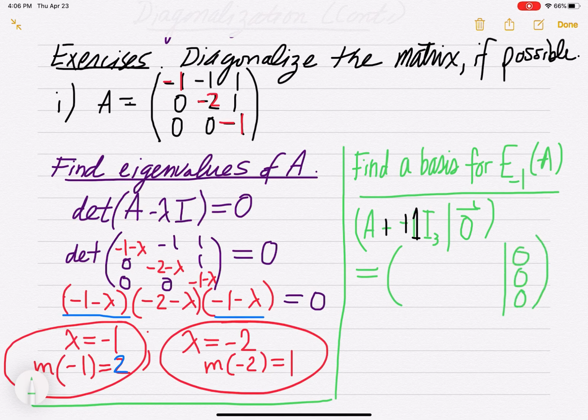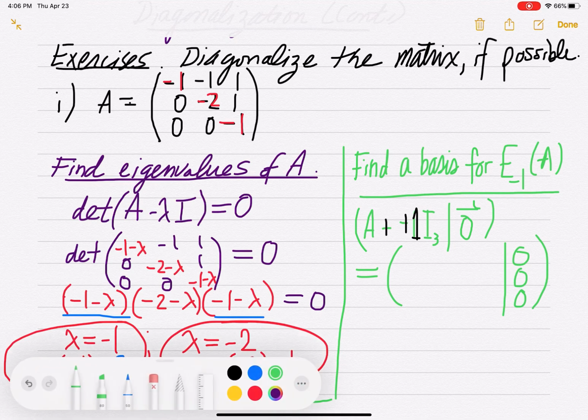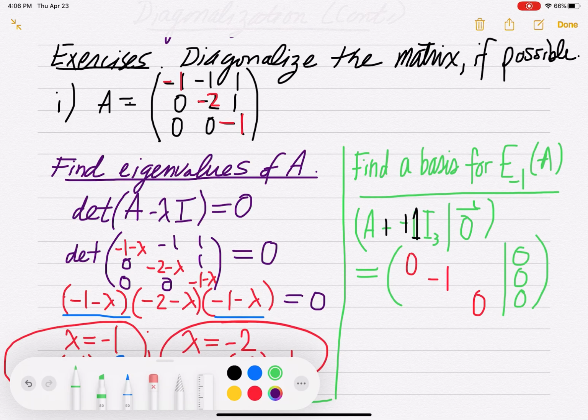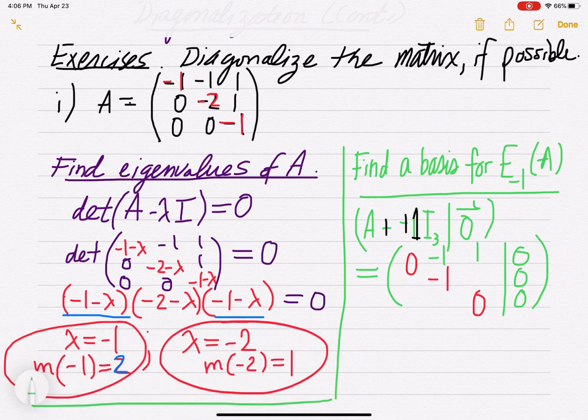That's the augmented vector. Add 1 to those. I'm going to get 0, -1, 0. We add 1 to each of those red entries, and everything else stays the same. -1, 1, 1, and then 0s below the main descending diagonal.